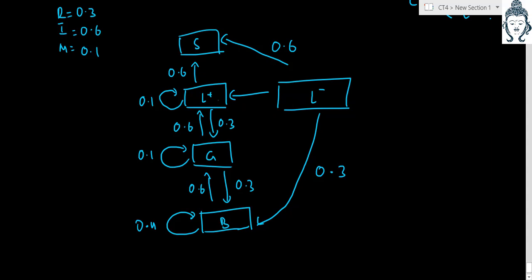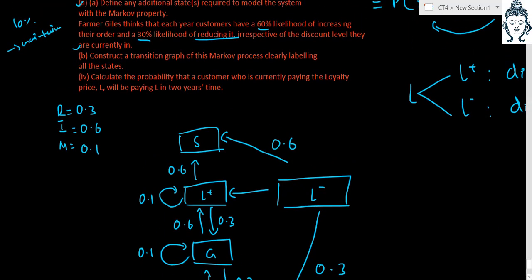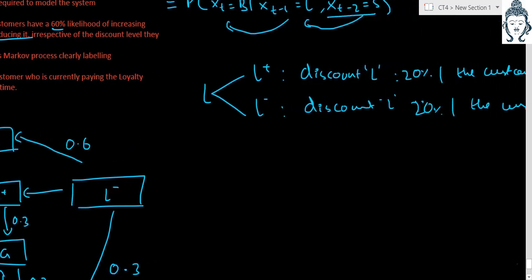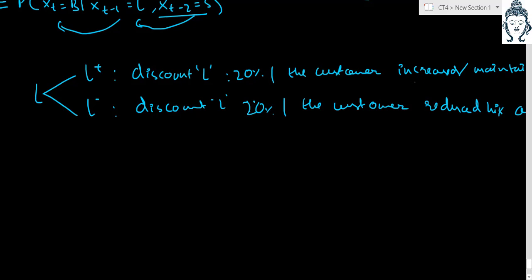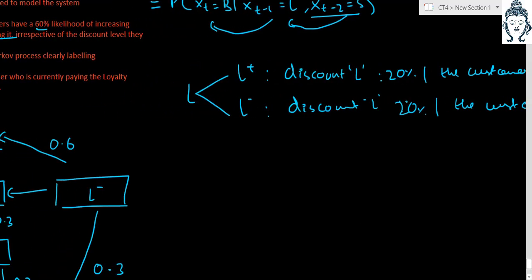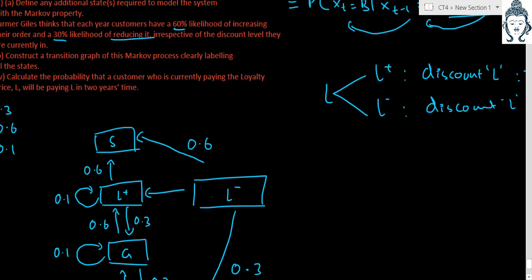And they have already said that if you are at loyalty discount and you increase or maintain, you'll only fall down 1 level. We had defined L plus as discount L 20%, that is the customer, given that the customer increased or maintained. So if you maintain at the L level, you'll get to L plus, and not L minus. L minus is only if you get to L and you have reduced, right. So this would be 0.1.